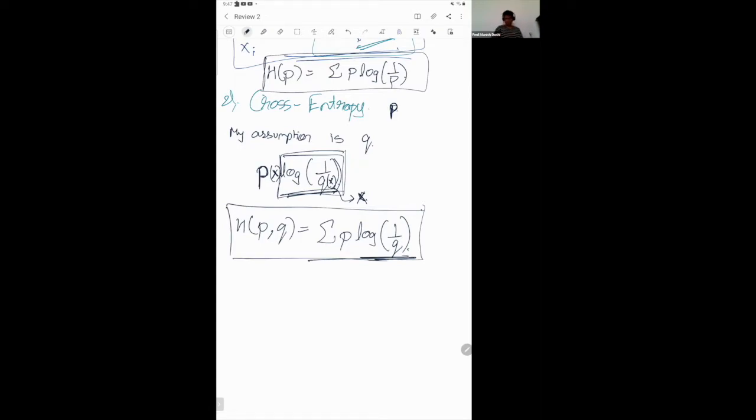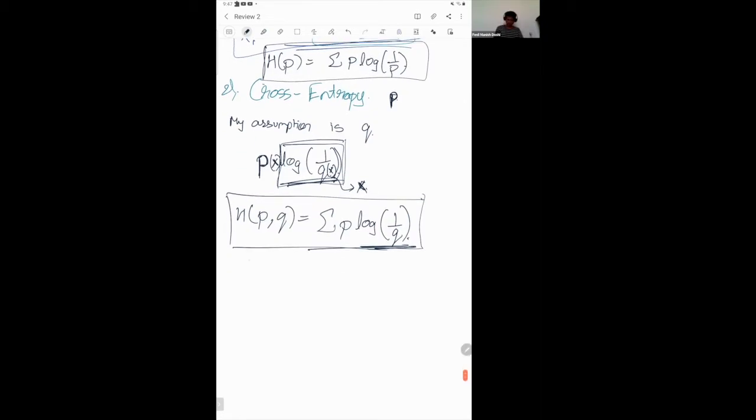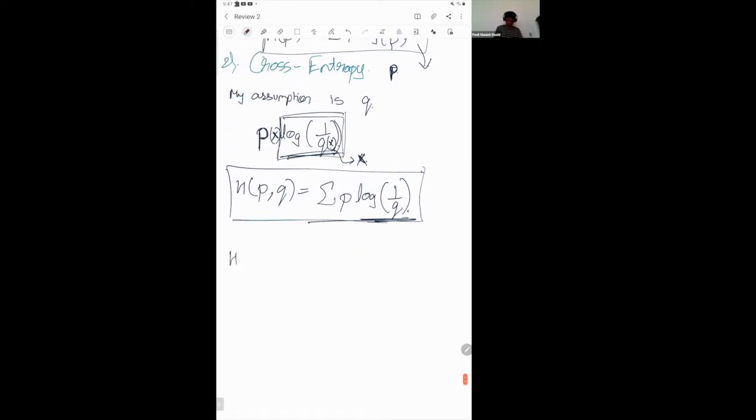So that's cross entropy, makes sense. I'm just rewriting these: h of p is the expectation where x is coming from p of x, of log of 1 over p of x, and h of p and q is the expectation where x is still coming from p of x, of log of 1 over q of x.